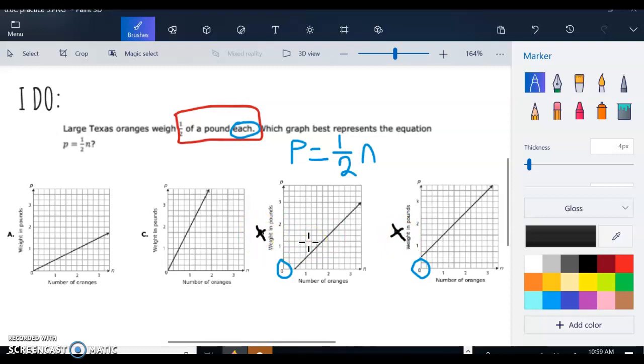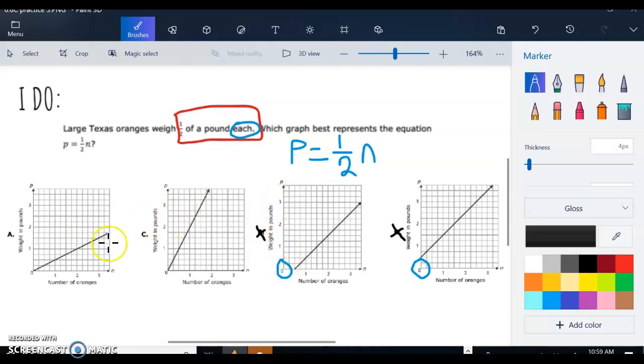Okay? So right off the bat, we've made our question so much easier now that we only have to compare two of these graphs. So remember at the start of the video when I said we were going to be making tables from our equation? Let's go ahead and do that. So we know that in an equation, the variable that's by itself is going to be on the y-axis right here, this line that goes straight up and down.